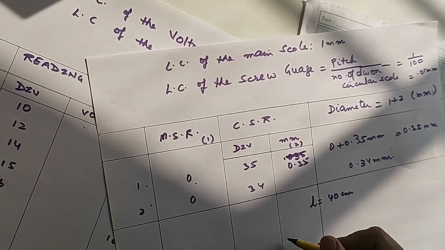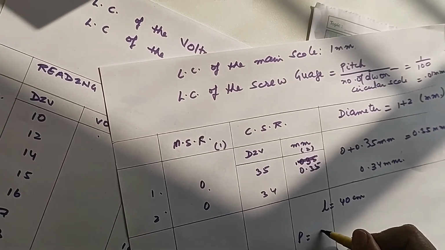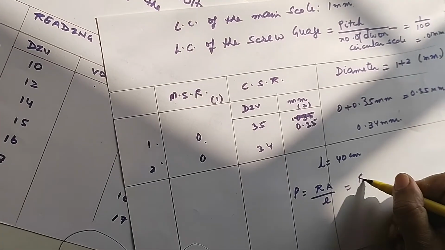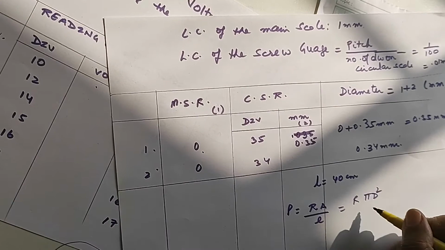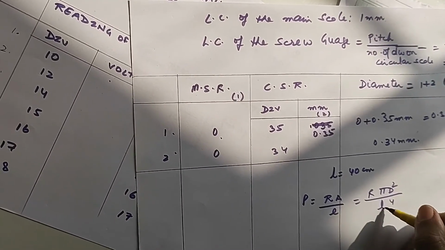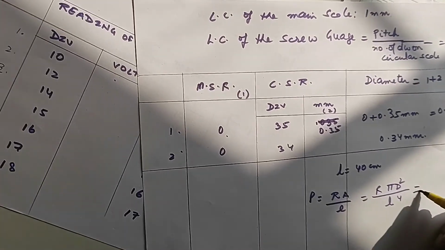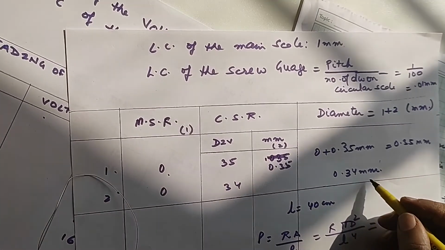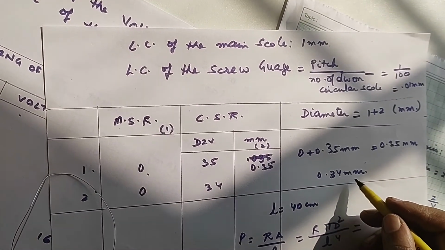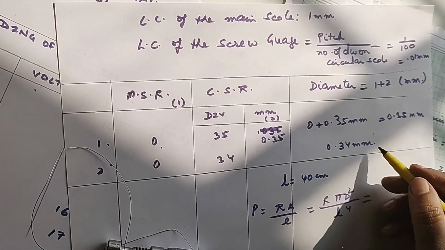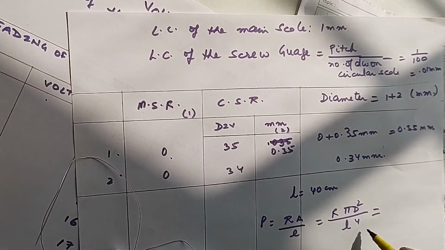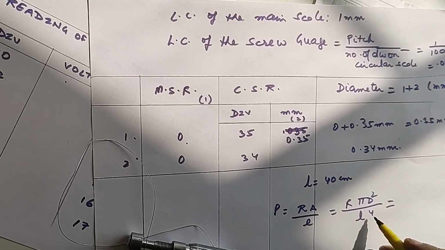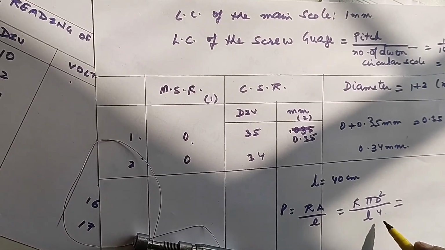Now you know the formula, your rho is equal to R into A by L, so this is R into pi d square upon 4 into L. Now if you substitute the values, be careful, your length is in centimeters, so you have to convert the diameter from millimeter into centimeter, and then if you solve R into pi d square upon 4L, you will get the resistivity.